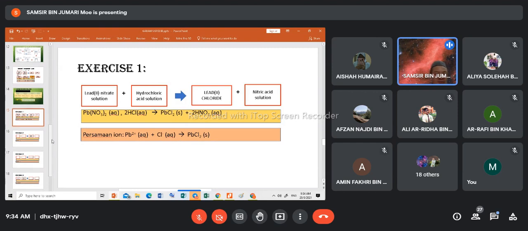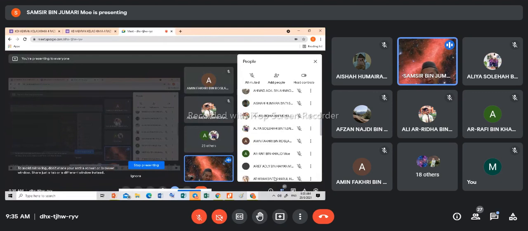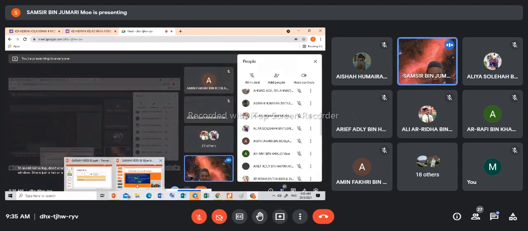Alright, we do another example. This one, calcium carbonate. What are examples of the solutions or reactants used in the reaction? Others try to answer. Try to answer that question.